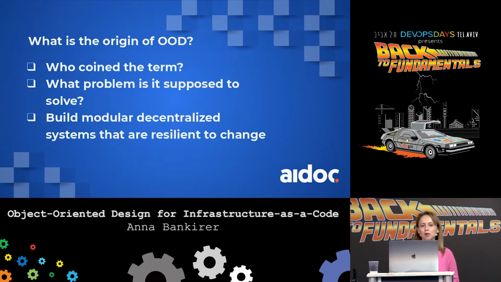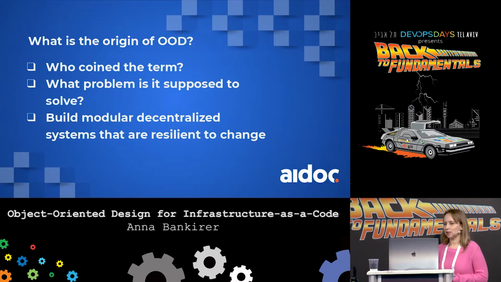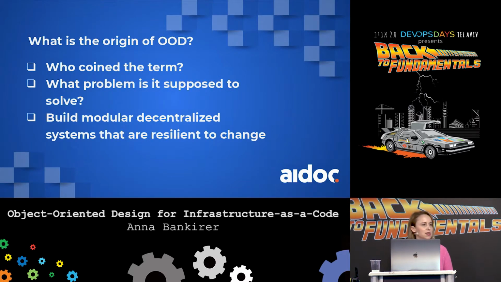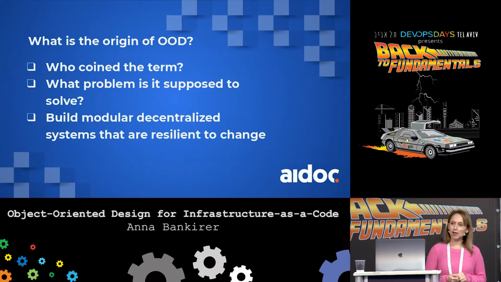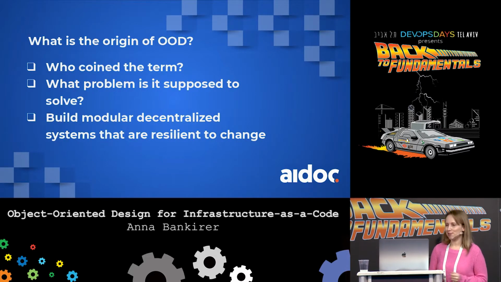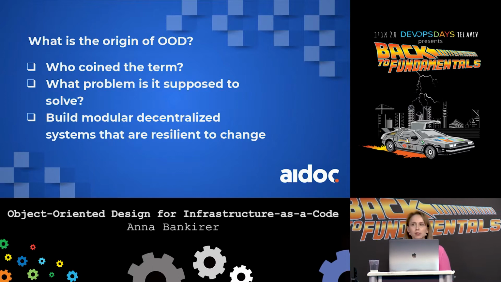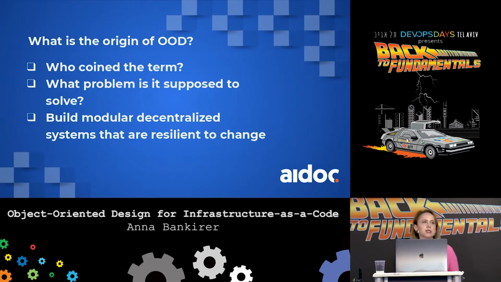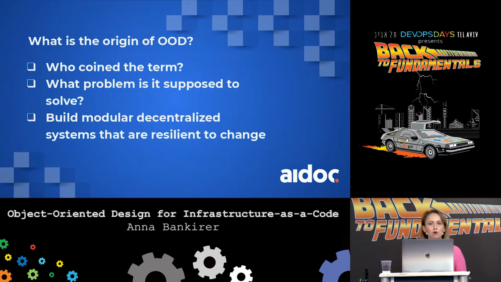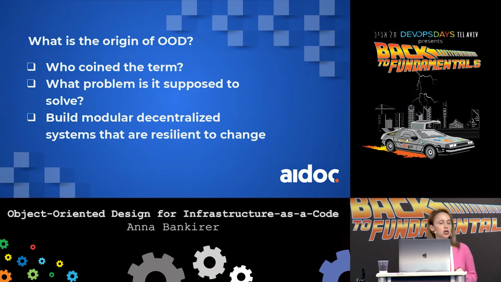Which brings me to what is OD and how it came to life. So, supposedly the person who coined the term is Alan Kay, computer scientist and one of the developers of Smalltalk, one of the first object-oriented languages. And what he tried to solve is to build systems that are composed of modular components that actually don't use shared state, but instead use messaging to communicate.